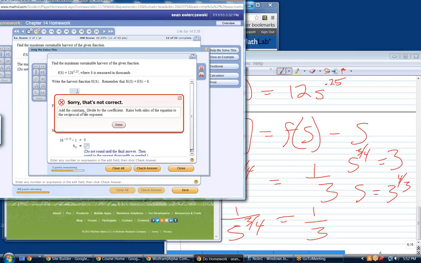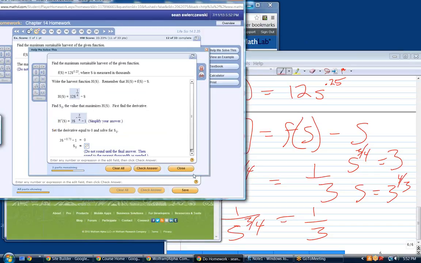That's what I did. I added the constant, divided by the coefficient, raised both sides of the equation to the reciprocal of the exponent. I raised 3 to the 4/3 power. Is it just 3 to the 4th power? Or would it be 81?